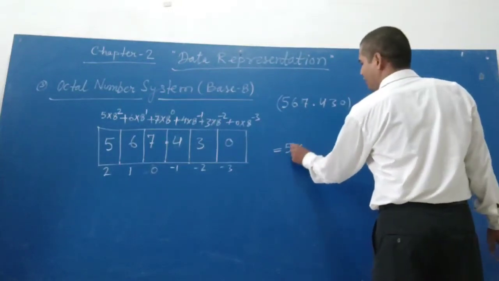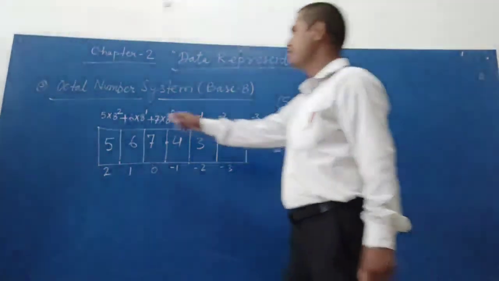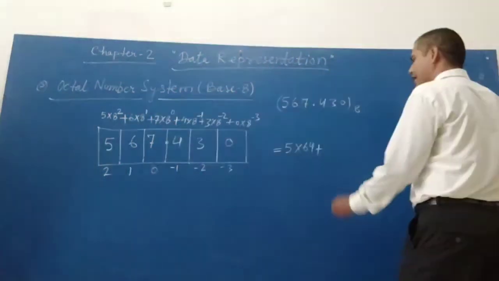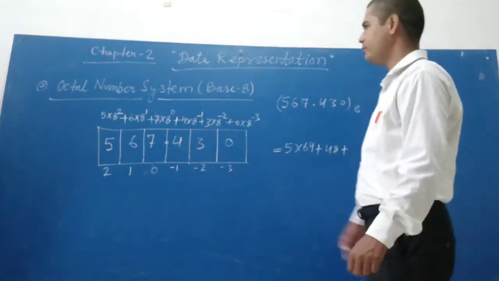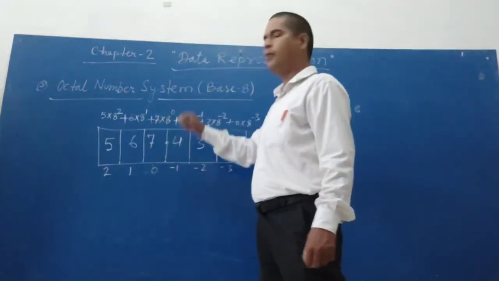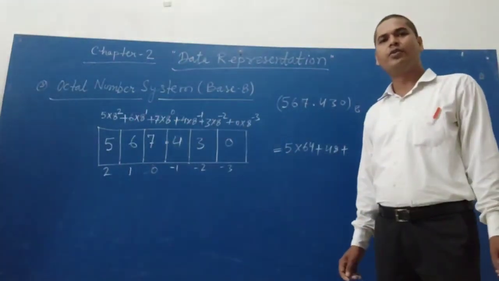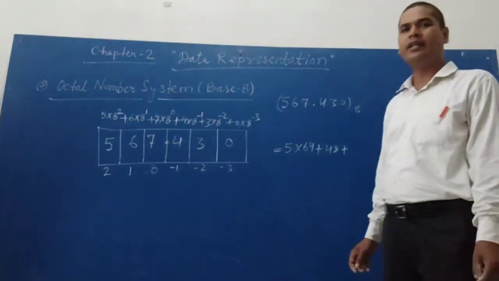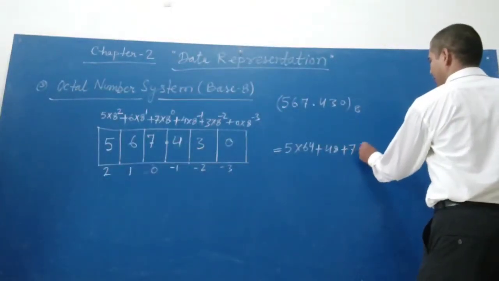So 5 into 64, plus 6 into 8, which is 48, plus 7 into 8 to the power 0. As you know, when the power is 0 for any number, its value is 1, so that is 7.